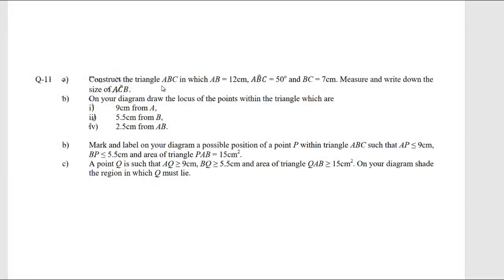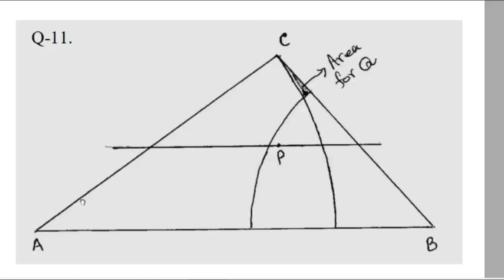Construct the triangle ABC in which AB is 12, angle ABC is 50, BC is 7 centimeter, and measure and write down the size of the angle ACB. This is triangle ABC.